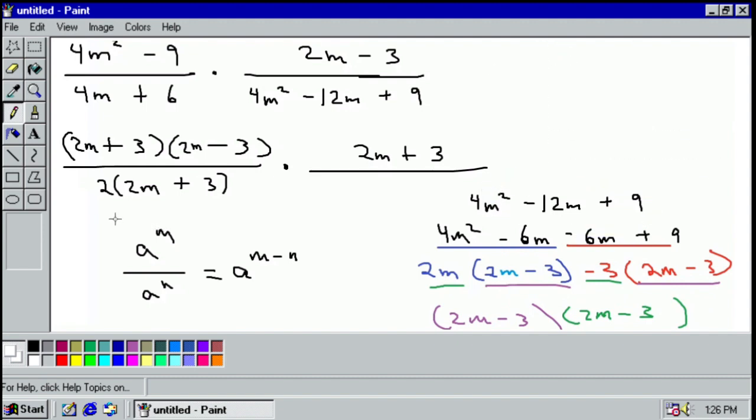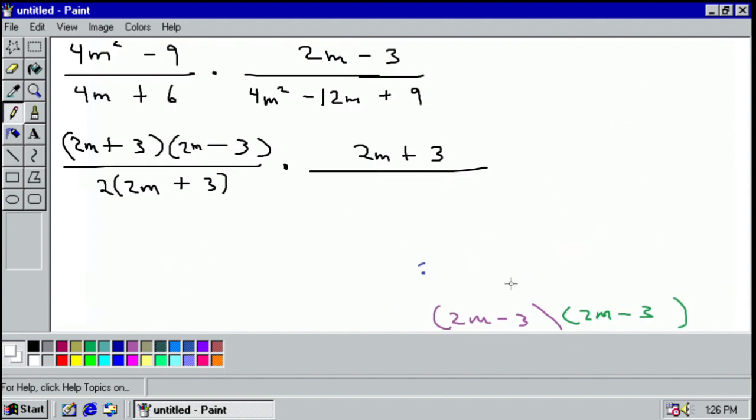So let's copy it right there. So negative 2m minus 3 times negative 2m minus 3. Now we can cancel the factors.